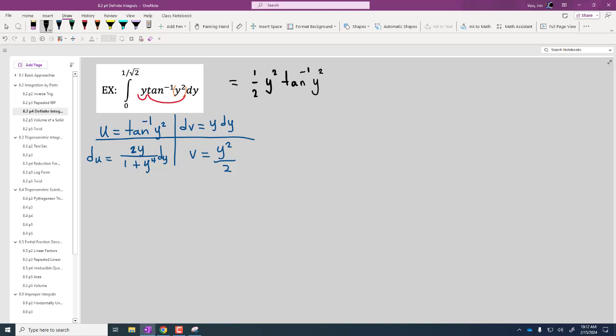So there's uv, minus the integral of v du. Notice that this 2 is in the numerator, this 2 is in the denominator, so when we multiply those together, those 2's are going to cancel each other out. So we are going to end up with, do we agree, y cubed divided by 1 plus y to the 4th? Yes.